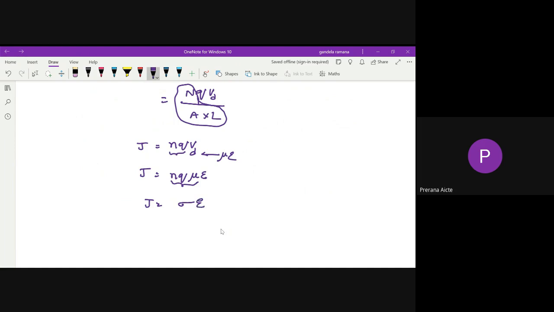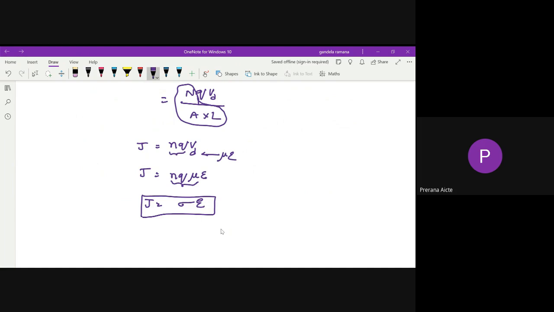So the current density J is equal to sigma E. Here the drift current density J is equal to sigma E.